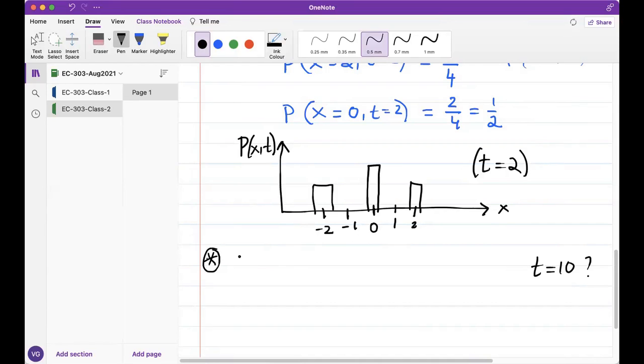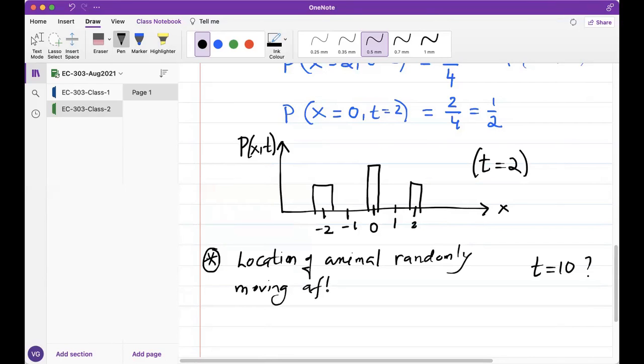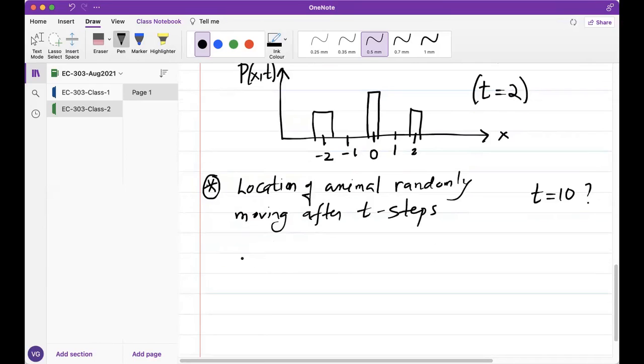The location of an animal randomly moving after, let's say, t steps, is the same as.